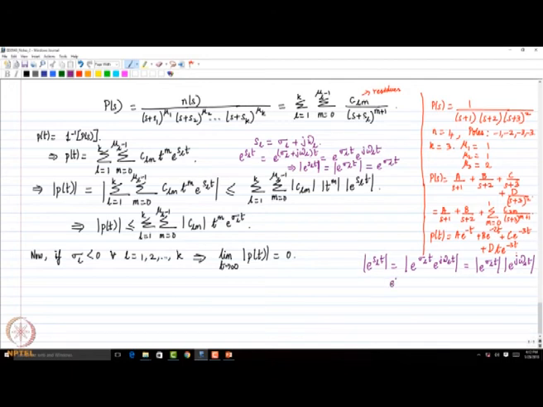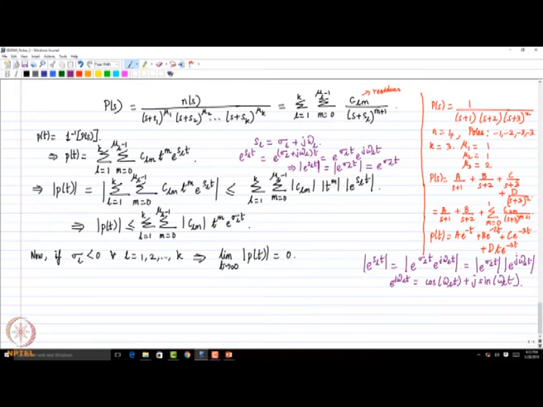And what is e power j omega_L t? If I use Euler's relationship, it's cos omega_L t plus j sine omega_L t. Now, to take the magnitude of this complex exponential: real squared plus imaginary squared, square root. What is cos squared plus sine squared? 1. If I take the square root, I get 1. That's why it vanishes. It becomes 1. Is it clear? Good point, I just skipped it. I hope it's clear to everyone now.